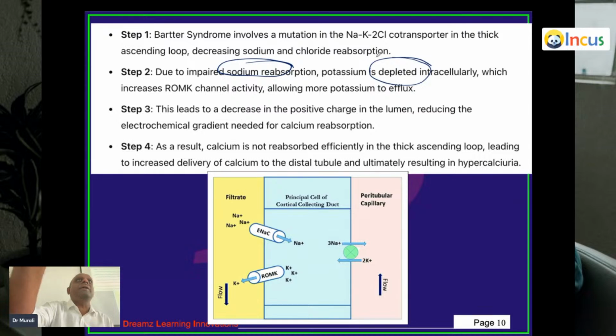If one doesn't come, the other also won't come. So sodium reabsorption is affected. Sodium is lost into urine. There is no sodium available to accompany the potassium for reabsorption. So because of that, potassium is depleted intracellularly.